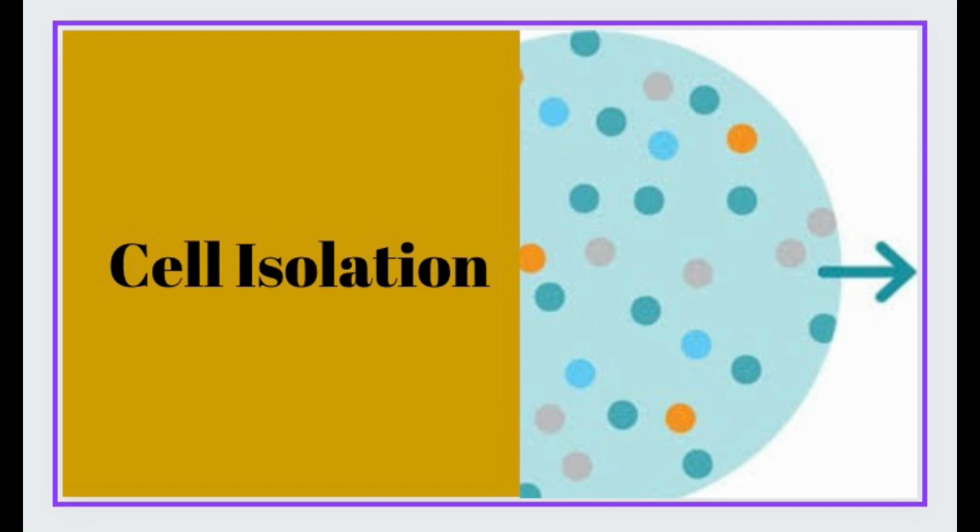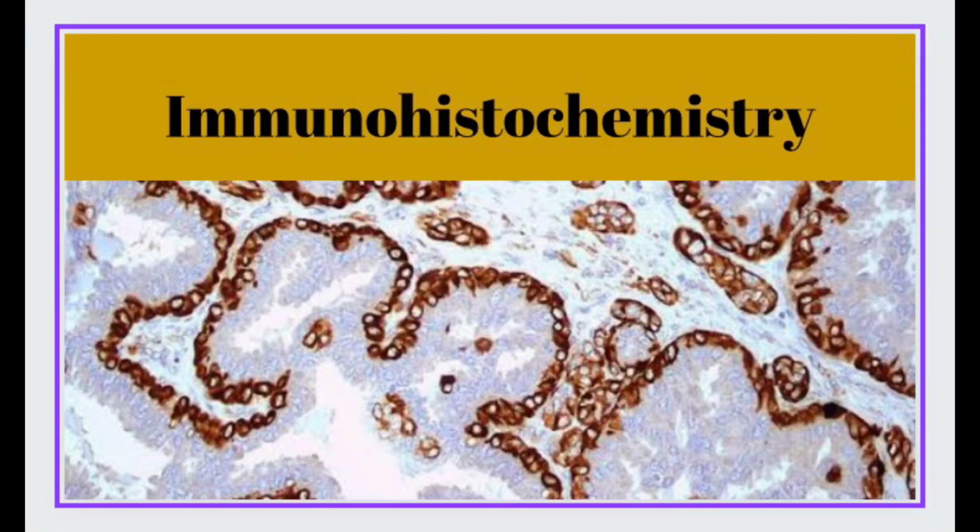Cell isolation or cell sorting is very common in a research setting but is not used in clinical laboratories for patient care and treatment. The next diagnostic test for immunology is immunohistochemistry.